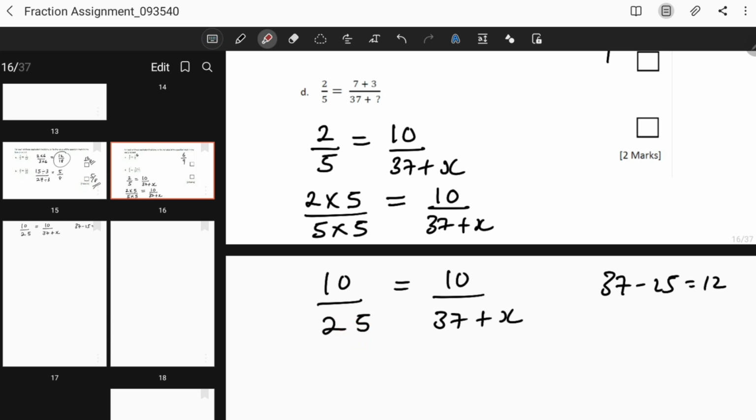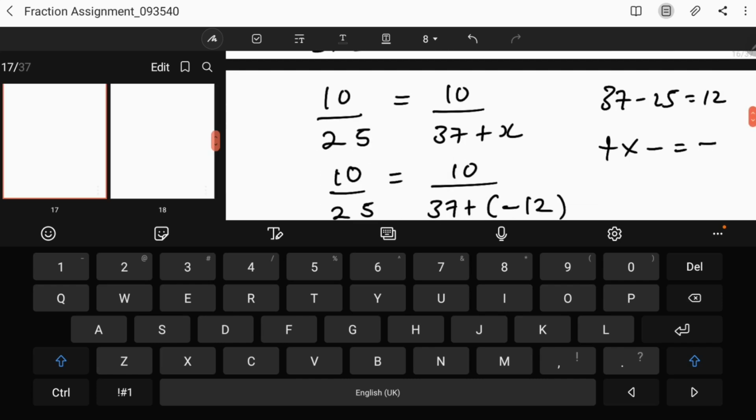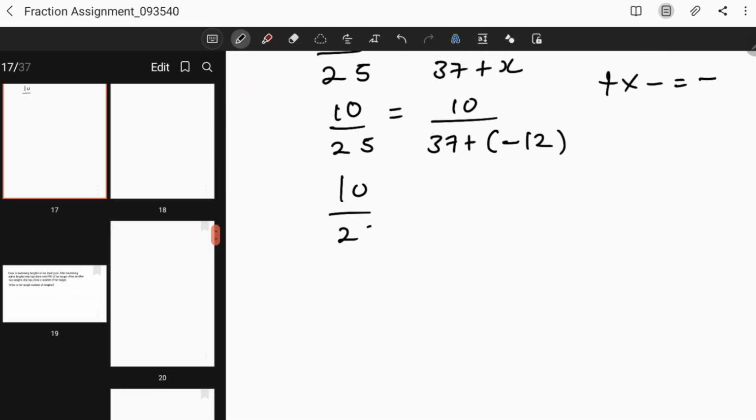So what we can do is to say 10 over 25 is equal to 10 over 37 plus, open bracket, minus 12. But we know that plus times minus is equal to minus. Therefore, we can simplify this further, so that we have 10 over 25 is equal to 10 over 37 minus 12.